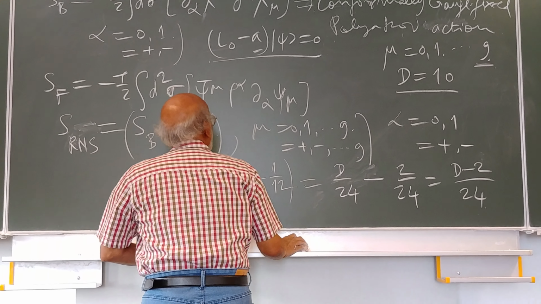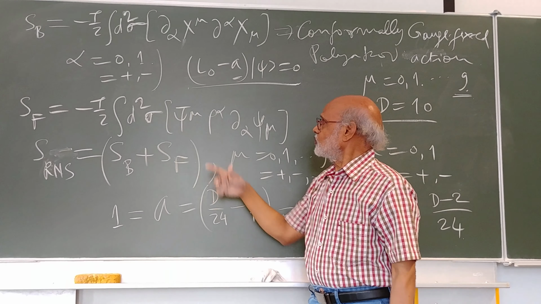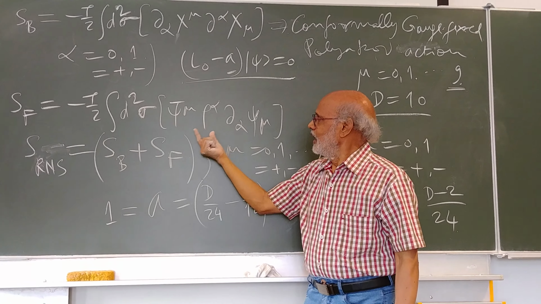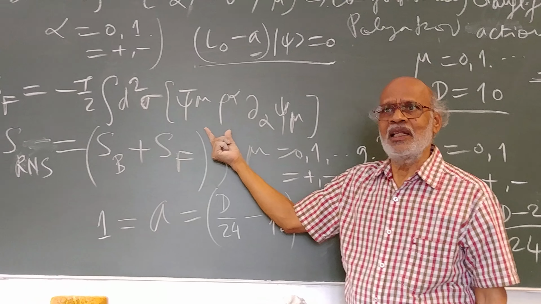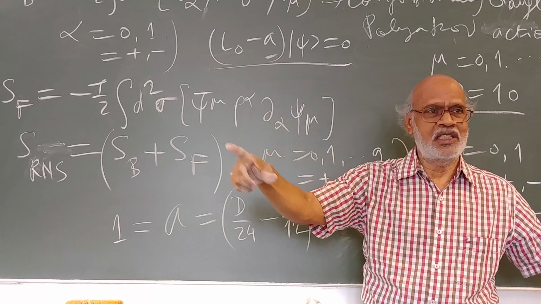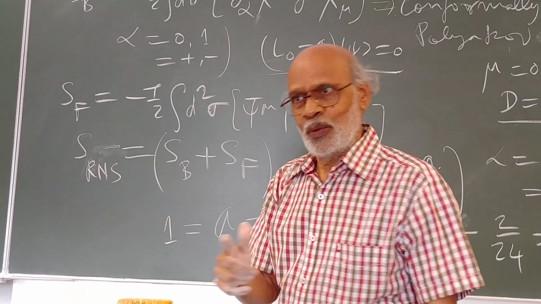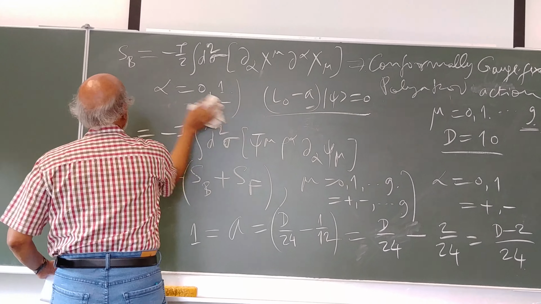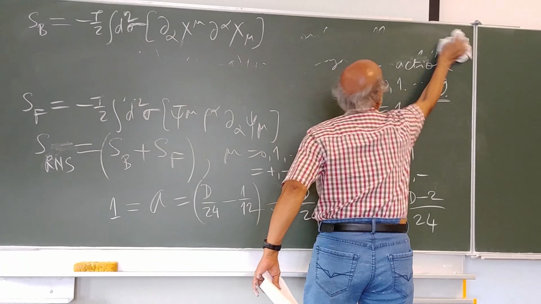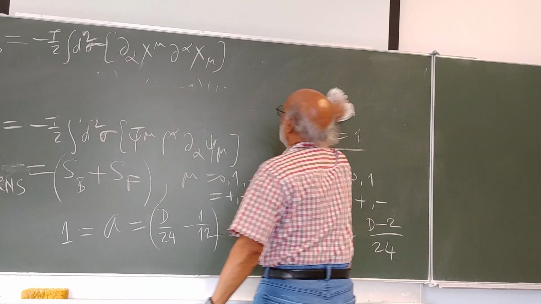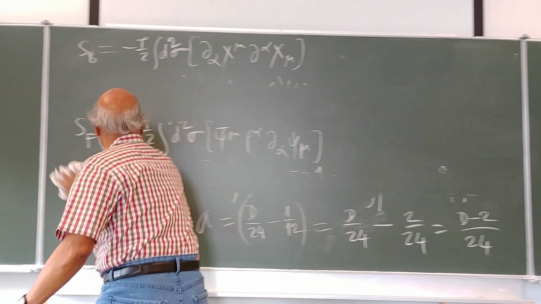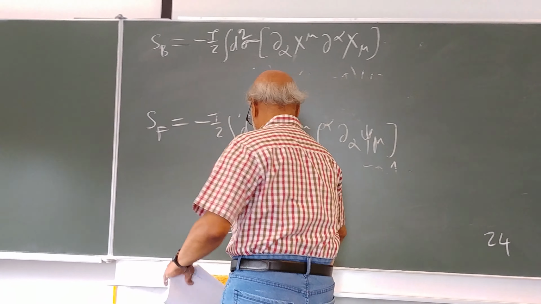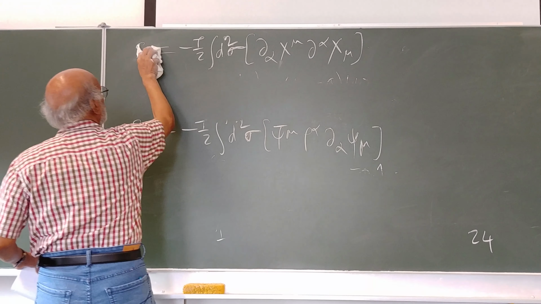Now we have to understand all these pieces, psi mu bar and the rho matrices. They are the Dirac matrices, but in 2 dimensions, because our worldsheet is 2-dimensional. Let me continue to have this here for some time, and let me remove S_B from here.